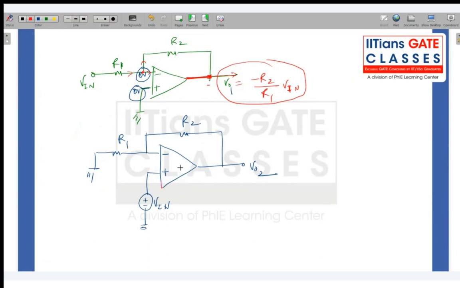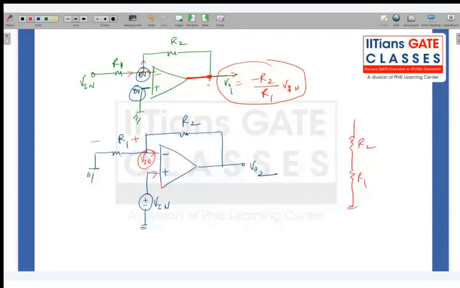As you know, the op-amp does not take any current, right? And the voltage here will be the same, V in, because of the virtual short concept. And R2 and R1 will be in series. So you can apply the voltage division rule, with this being R2 and this being R1. You needn't apply KCL here.